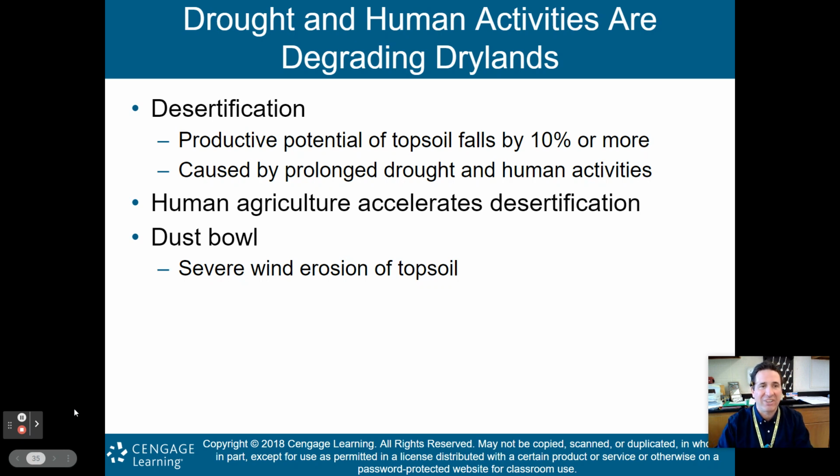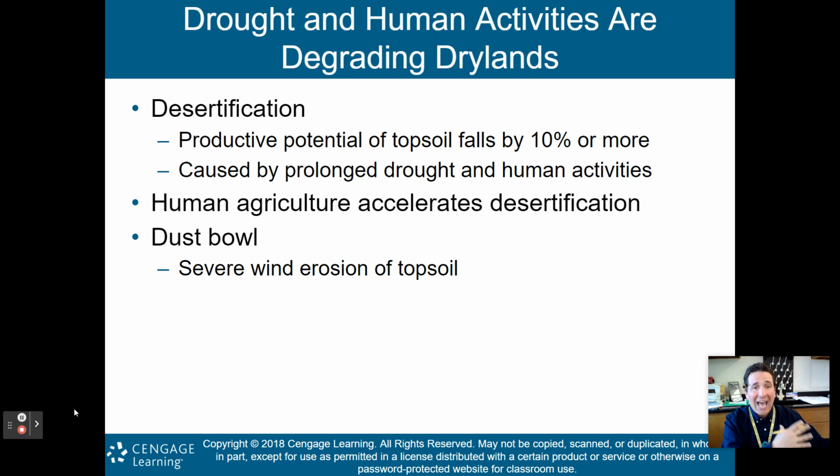All right, drought and human activities are degrading our dry land. So what is desertification? It's when the productivity potential of your topsoil falls by 10% or more. This is caused by prolonged drought and human activities. Again, taking water out to irrigate crops somewhere else could cause desertification in another part of the country or the world.